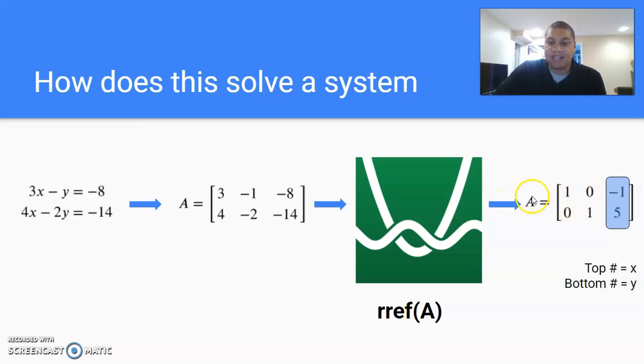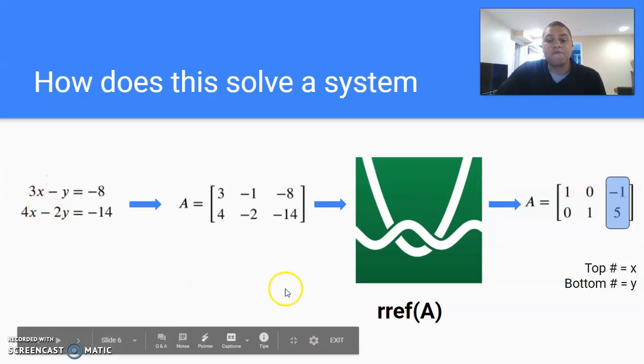Basically what this is telling us is 1x equals -1 and 1y equals 5. So my answer for this system is (-1, 5). If I were to plug -1 and 5 into these two equations, it would make them both true. And I did that using RREF on Desmos.